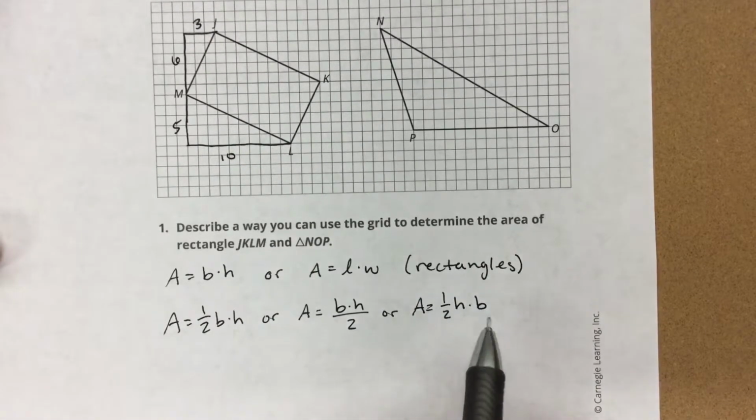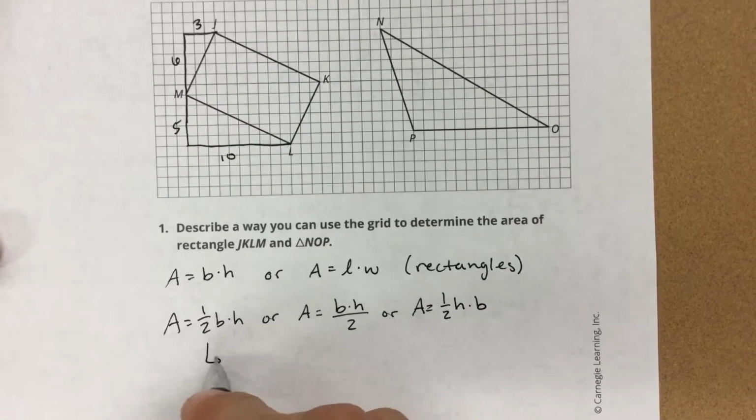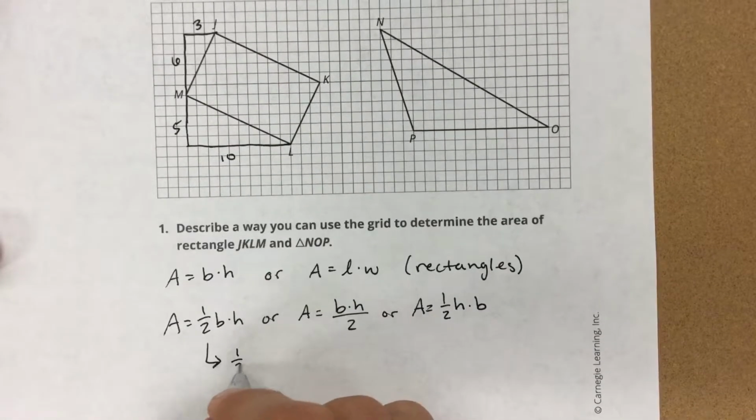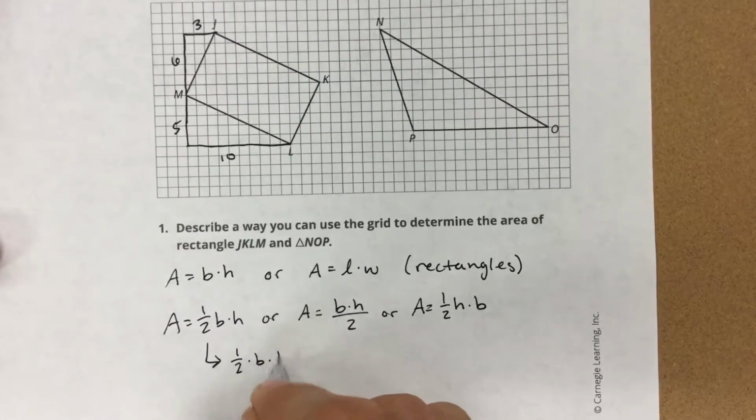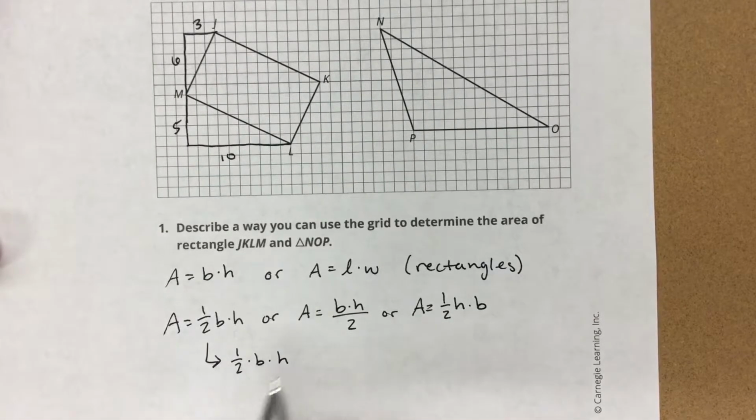The reason that we can do that is because this 1/2 base times height is the same as 1/2 times base times height. And when we have multiplication, we can flip them around any way we want because our order doesn't matter with multiplication. Just like 2 times 3 is 6 and 3 times 2 is also 6, we could flip these around in any order we want.